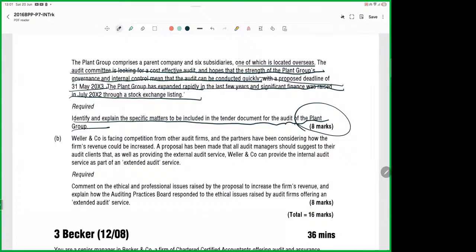Tendering is something that you accountants are aware of. You'll be able to really answer this question very, very well, in a way that you will even end up getting 10 marks out of 8. Let's be very honest with each other here. Is there anybody who feels that they cannot answer this question very well?